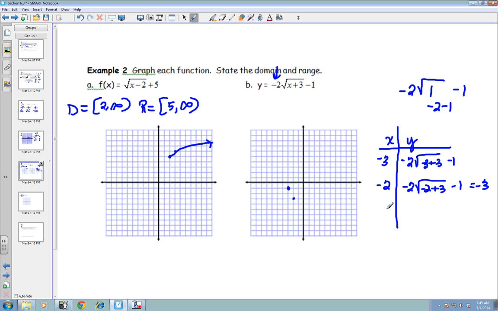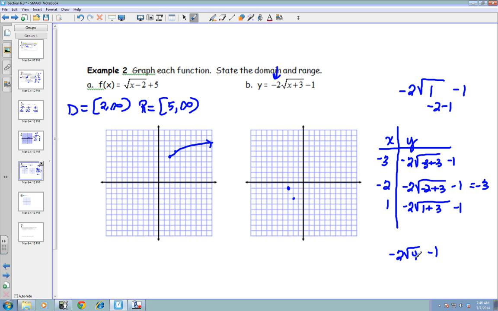Okay, let's choose another number. I'm going to choose 1. So when I plug 1 in, do you see right here? I'm going to get 4. So -2 square root of 4 minus 1.